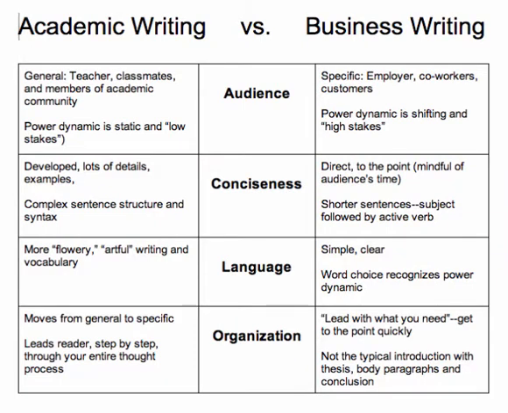This chart will allow me to highlight for you some of the most important differences between academic and business writing. The first difference is in the audience itself. In academic writing, you're writing for a general audience that includes your teacher and your classmates, anyone that might read your paper within the context of the subject area. The power dynamic there is kind of constant.